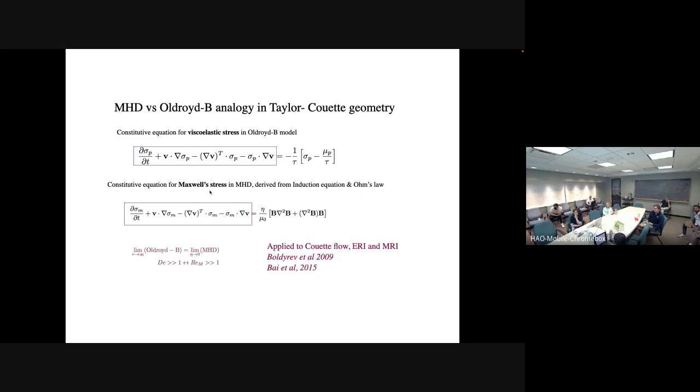And similarly, you can show that the Maxwell stress can also be written in this manner here.